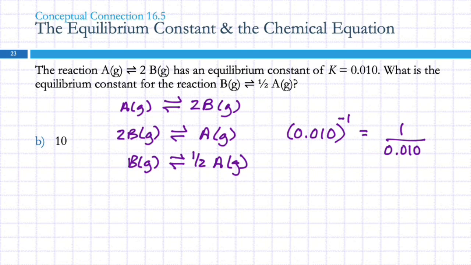Multiply by 1/2. Divide by 2. Multiply by 1/2. So from here to here, I've multiplied the coefficient by 1/2. And over here, I've multiplied the coefficient by 1/2. So what do I do to K? I raise it to the 1/2 power.